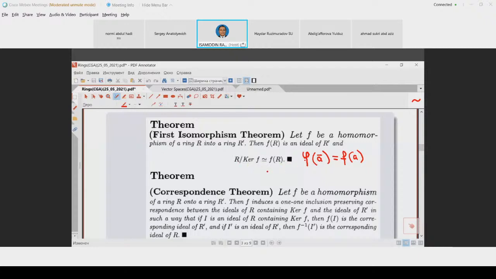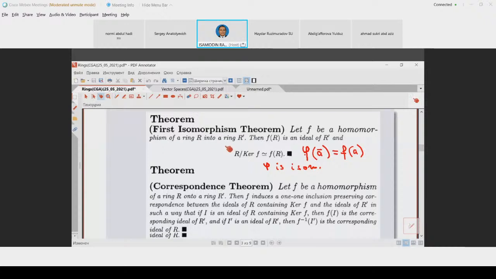Phi is an isomorphism. Need to check. In group theory, we already did it, so it is easy to verify. Again, this is a homomorphism, but this time you should check it for two operations: addition and multiplication.